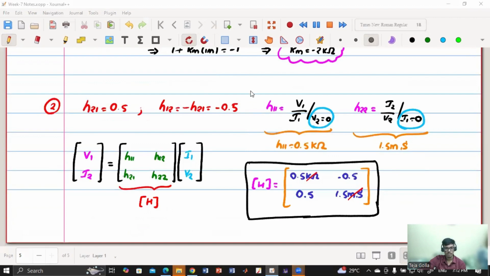Sir, in the final exam, will we have only MCQ, or may we have to enter numeric values in blank spaces? Whatever type of questions are asked in the assignment, similar types of problems can be asked in the final exam. If you see nodal analysis, mesh analysis, and two-port parameters in the entire 4 weeks, there are situations where you have to enter matrices in the answer.